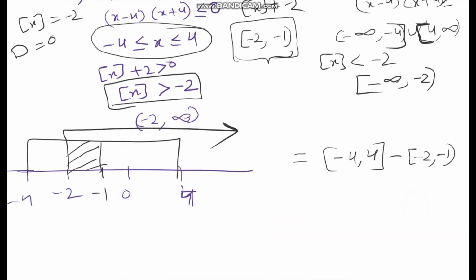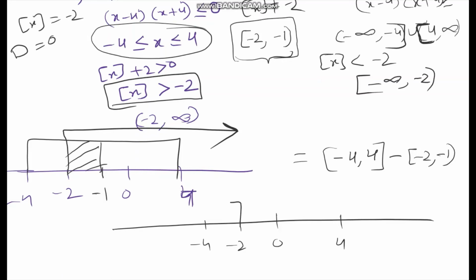So plotting everything now. The first is minus 4, 4. Minus infinity to minus 2 is, so minus 2 to minus infinity is the first one, and 4 to infinity.